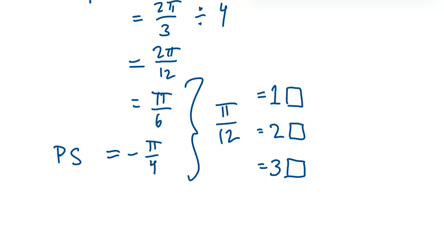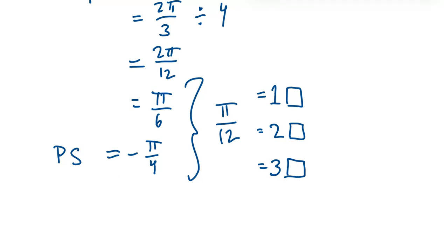If I'm counting by pi by 12s, and between my critical points is pi by 6, if I make pi by 12 1 square, how many squares are between my critical points? That's a hard question. Let me ask you a different way.